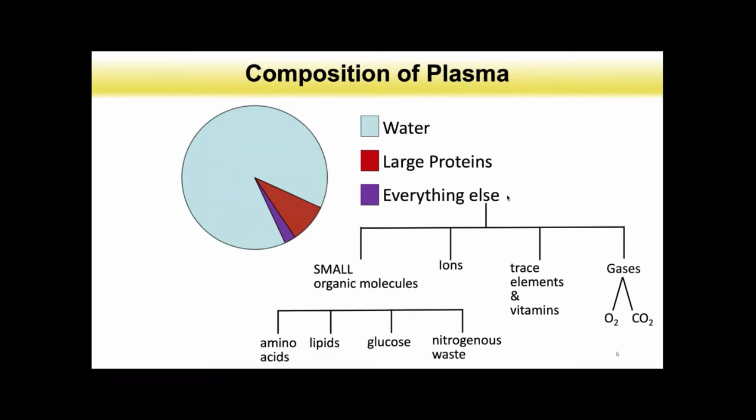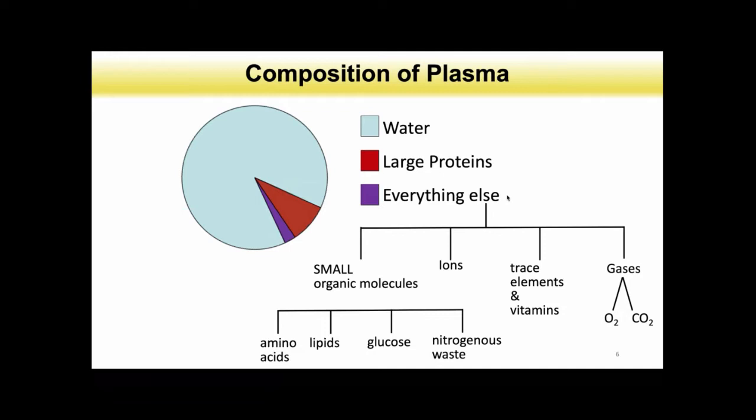It's almost all water, and that water is absorbed primarily in the large intestine during the digestive process. So other than water, we've got big old proteins, which we'll talk about in a second, and then everything else. So we've got ions, which again, electrolytes: sodium, potassium, chloride, magnesium, calcium.